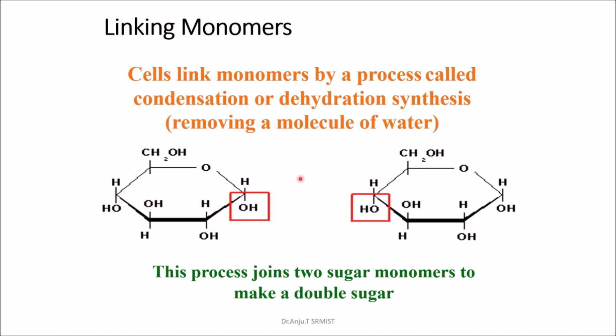They are linked by forming a glycosidic bond. The bond formed between 2 monomeric units is known as the glycosidic bond. It is formed when a water molecule is removed as 2 molecules are linked together. By the process of dehydration, the 2 sugar molecules are linked together.